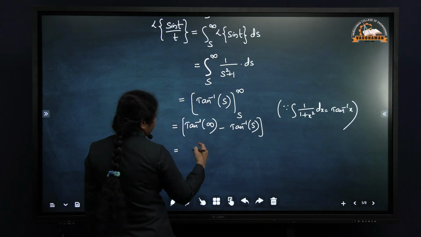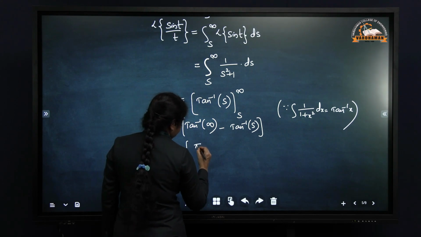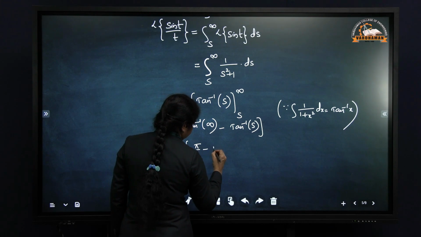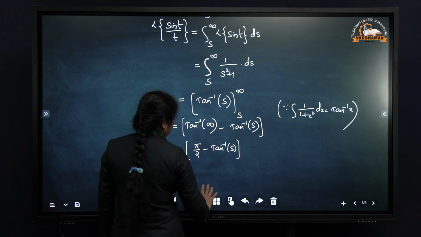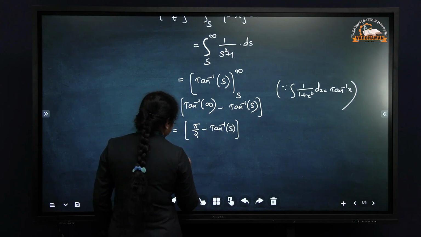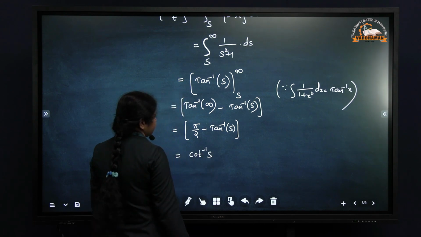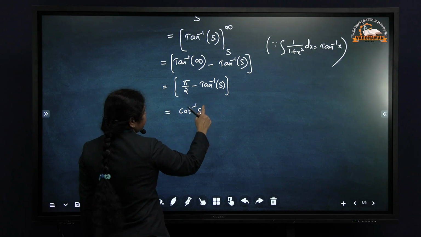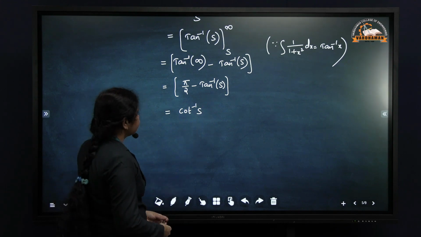Since tan pi by 2 equals infinity, tan inverse infinity gives the value pi by 2, minus tan inverse s, and pi by 2 minus tan inverse s is equal to cot inverse s. Here pi by 2 minus tan inverse s is nothing but cot inverse s.